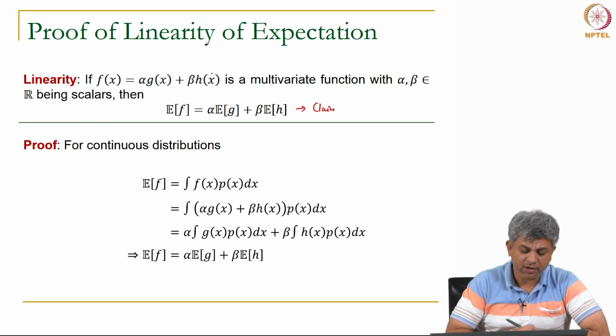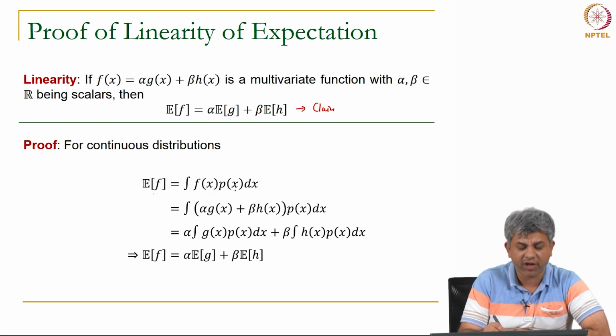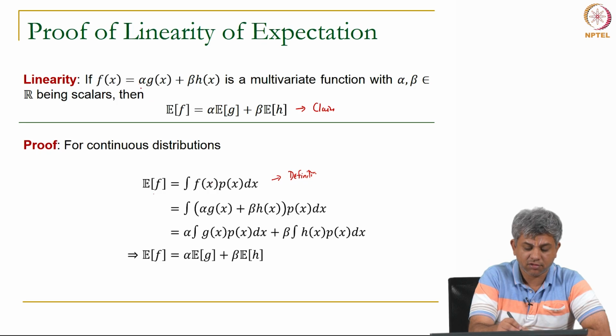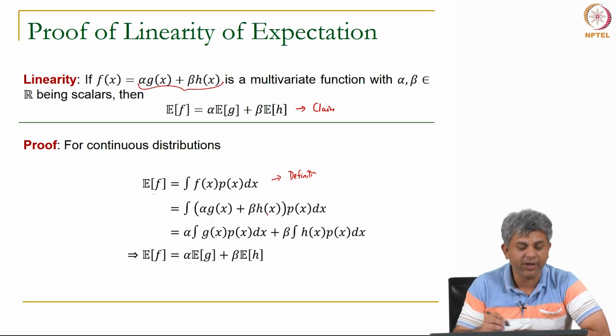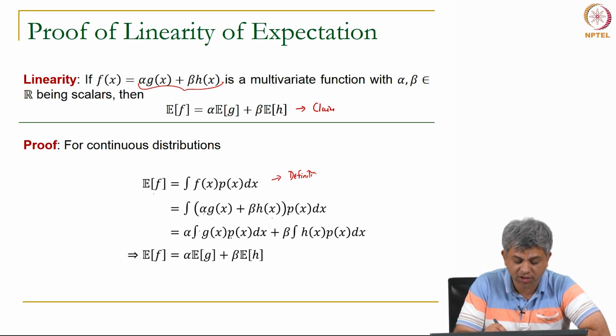Assuming that this is a continuous distribution, you can write E of f as the integral of f of x p of x dx. This is of course the definition of expectation. Now, f of x is alpha g plus beta h. We can split this integral into 2 different integrals. Since alpha is a constant, you can take it out of the integral, alpha does not depend on x.